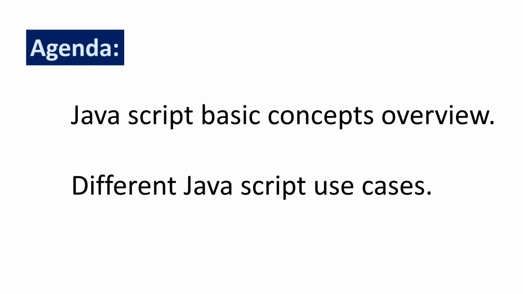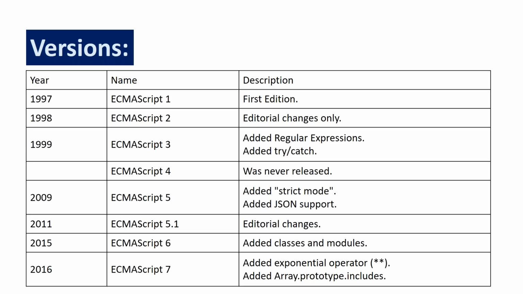So guys, in companies we always use the version which is supported by all browsers. Otherwise we will run into cross browser compatibility issues. Very simple thing, let me give you an overview about this one.